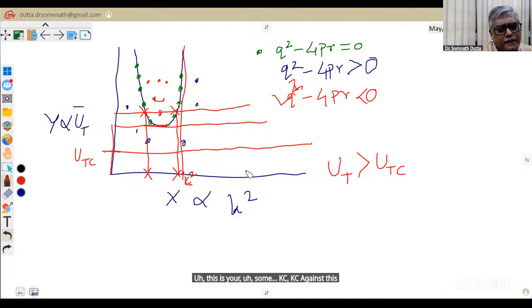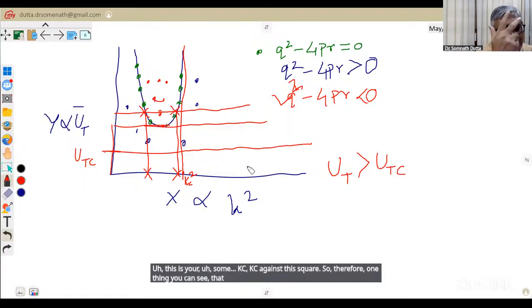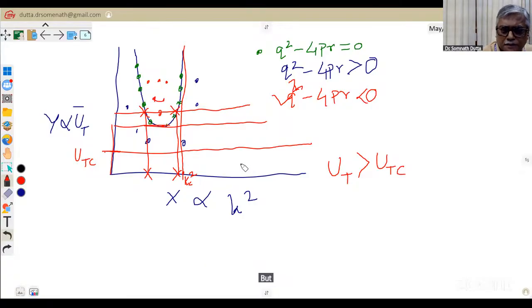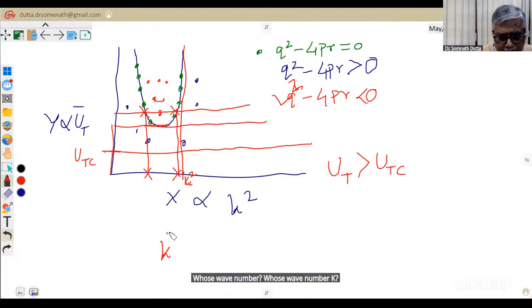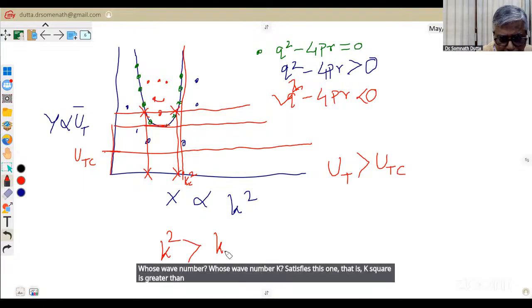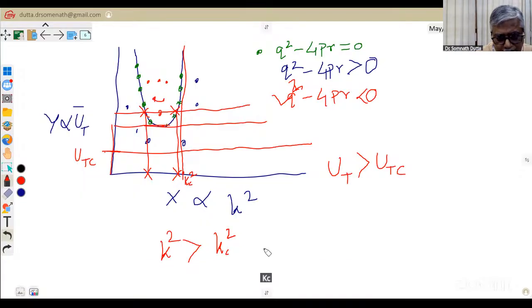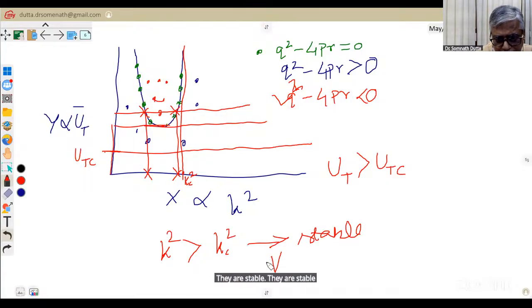Then one thing you can see is that even if your baroclinicity is very, very large, for any wave whose wave number k satisfies k square greater than kc square, they are stable, for any ut.